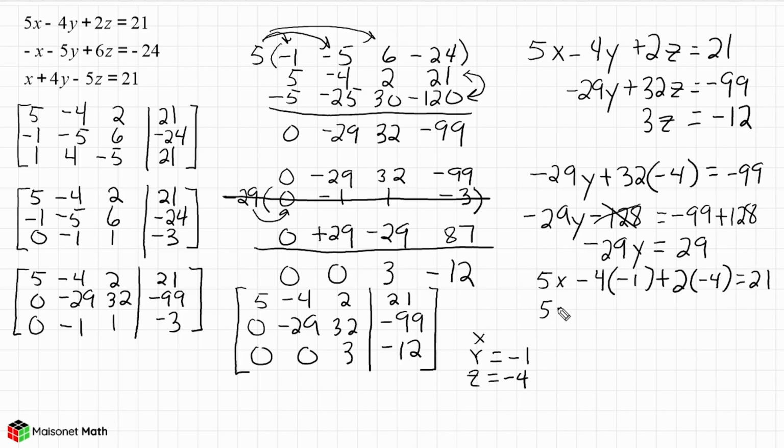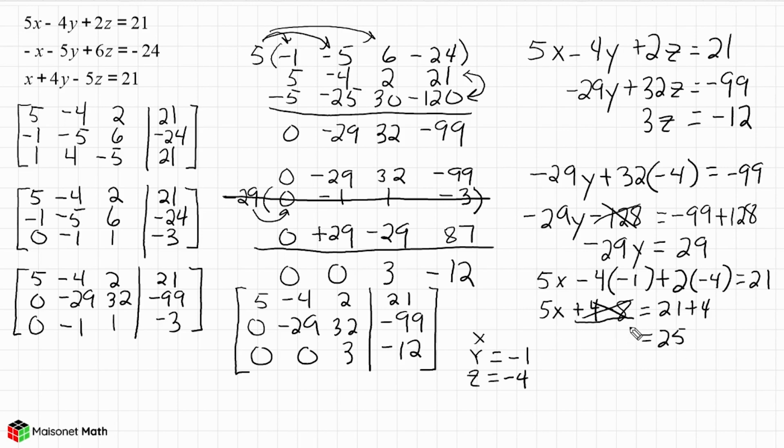So we have 5x, negative 4 and negative 1 is a product of positive 4. Positive 2 and negative 4 is a product of negative 8. And set that equal to 21. Now, if we add positive 4 and negative 8, that's negative 4. And the opposite of negative 4 is positive 4. So we're going to add 4 to the other side, which gives us 25.